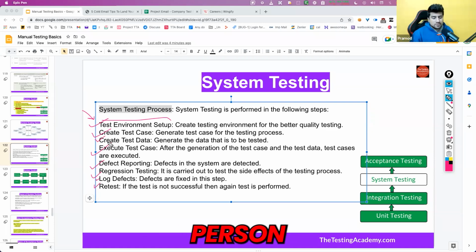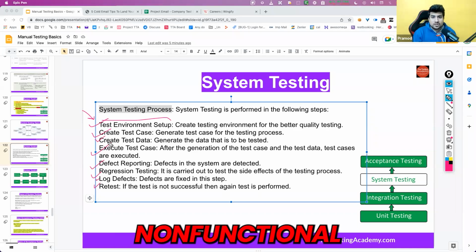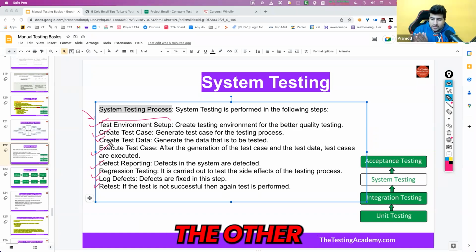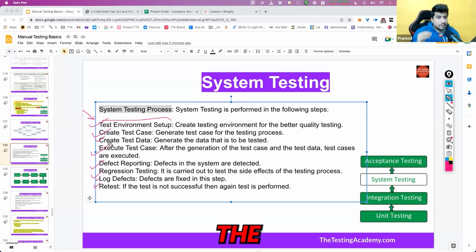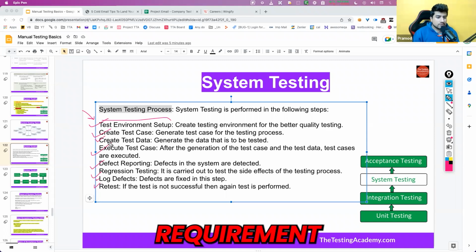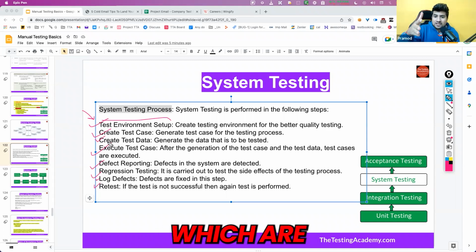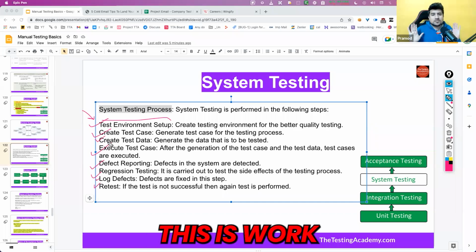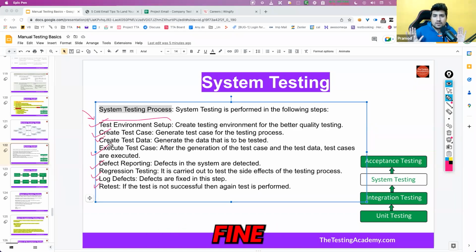We are the ones. Got it? How many of you got it? Thoroughly functional and non-functional, who is testing it? QAs will be the ones testing thoroughly. But the UAT people will be just checking the important requirements, which they think are usable, and they will accept that okay, this site is working fine for me because I am able to order something. It means it is working fine, right?